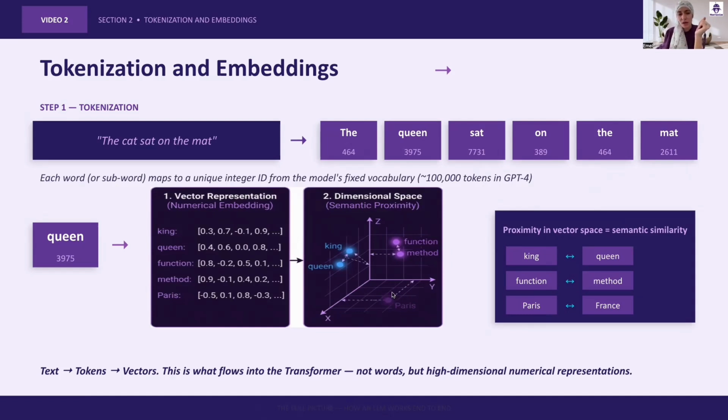These embeddings are what goes into the transformer. It's not the words or the tokens, but those very specific vectors. We'll go deep on tokens and embeddings in a later video. But for now, just know the text comes in, the vectors come out, and those vectors are the ones that carry meaning.